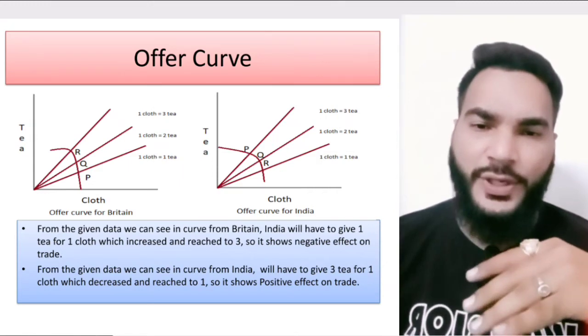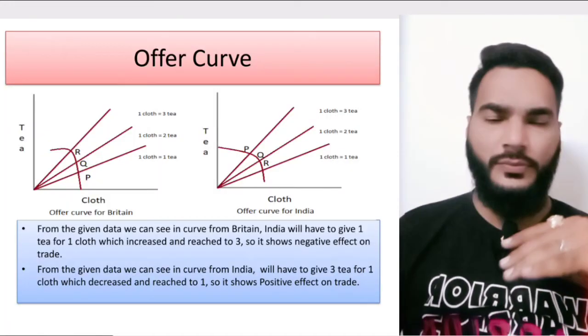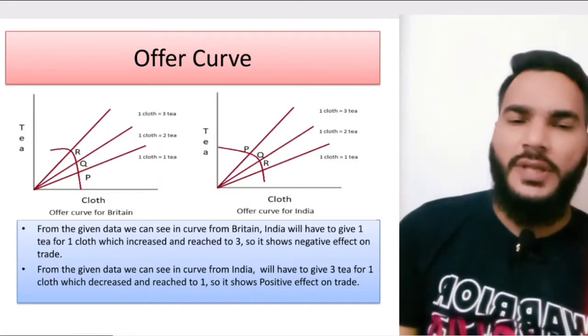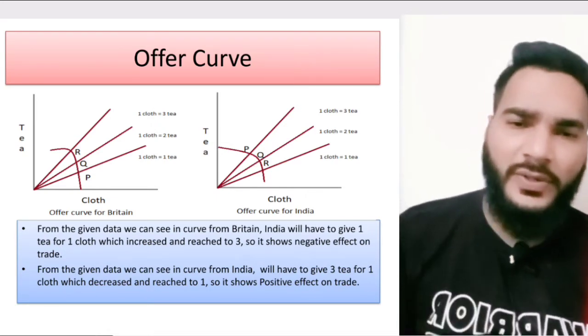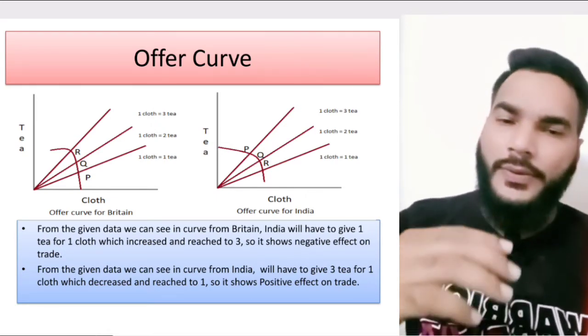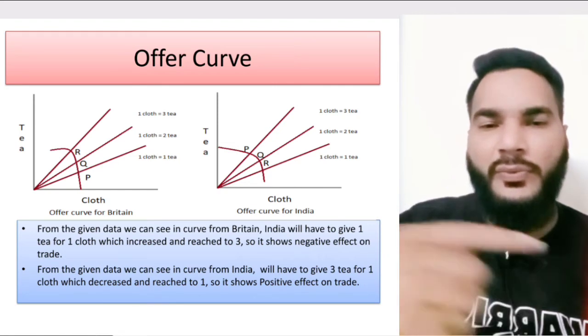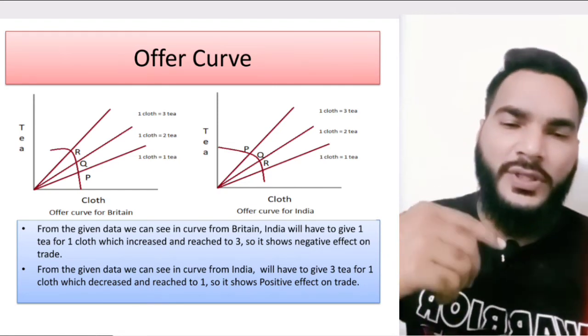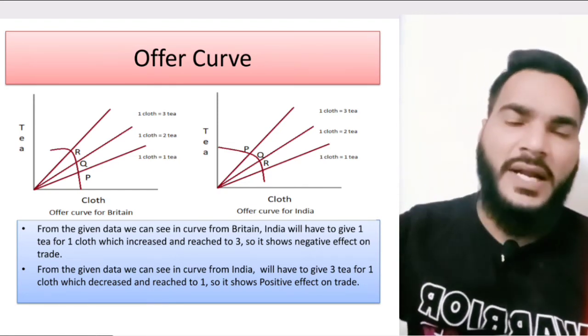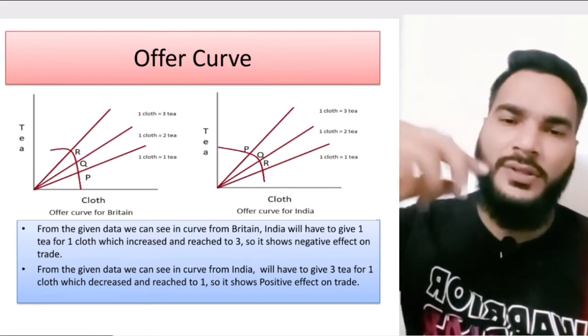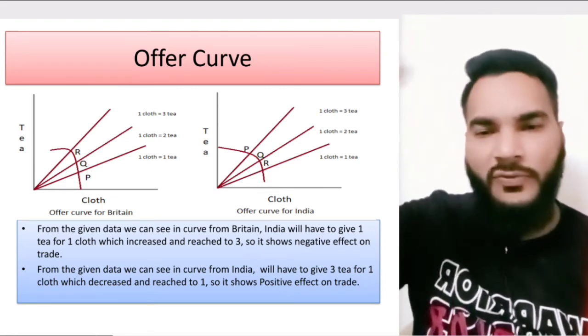As I explained, the same thing we need to understand is that the offer curve works like this: at the initial stage we were giving 1 to 1 unit. That's beneficial for Britain. Then they started getting double products, 2 units, then 3 units for 1 unit of cloth only.